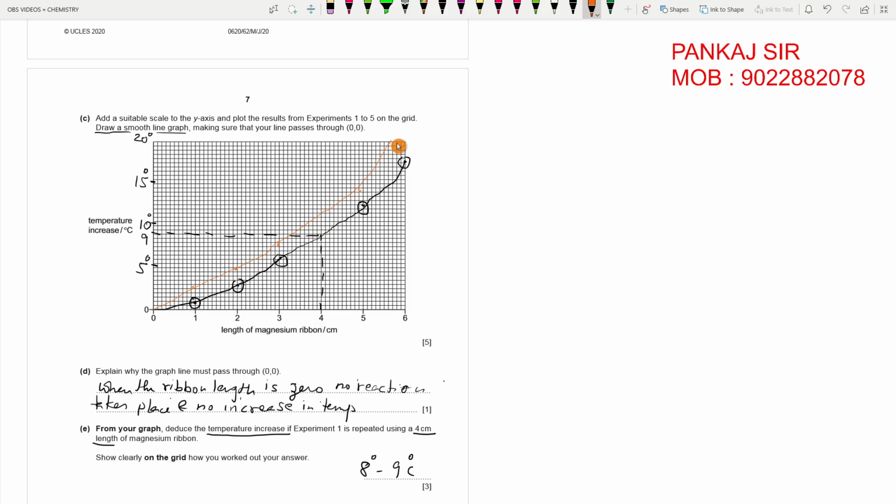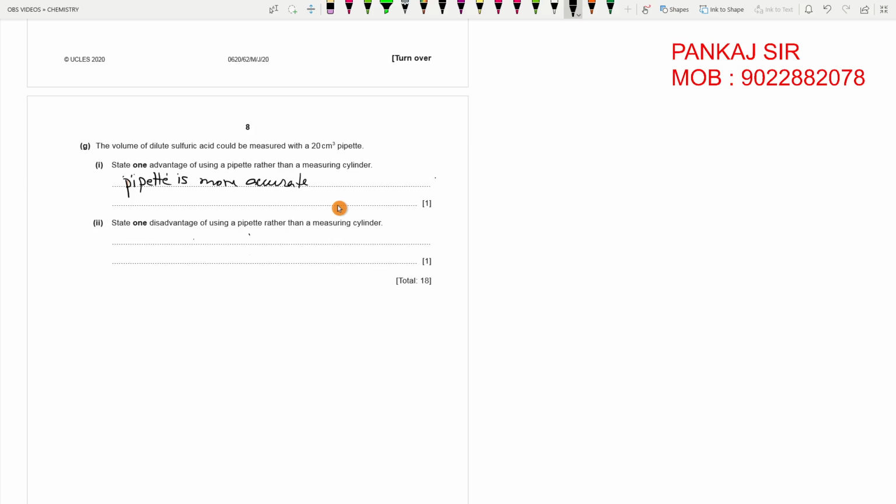Now, a pipette will give you an accurate reading of the volume. Pipette, P-I-P-E-T-T-E, is more accurate to use, because in a pipette the 20 centimeter cube can be measured very accurately rather than with the measuring cylinder.